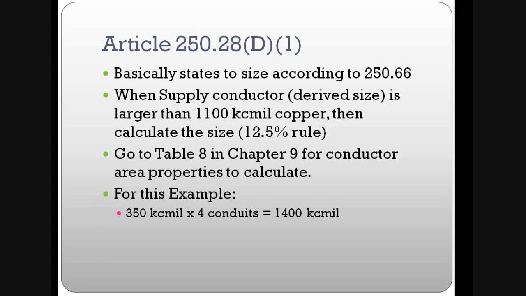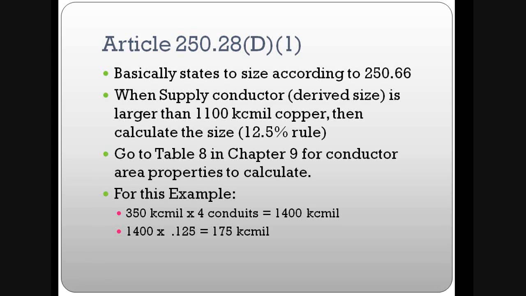So let's look at this example. We had 4 350 kcmil conductors, so the overall system size is 1400 kcmil. We take that 1400 kcmil and multiply it by 12.5%, or 0.125, and that gives us 175 kcmil.